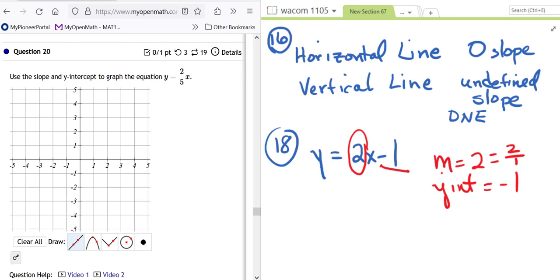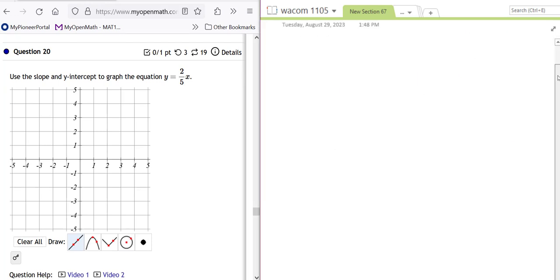This one is just asking us to draw the graph. You can do it with the slope and the y-intercept. Just a little hint on it. Y equals 2/5 x. And it says use slope and y-intercept. It's the proper form. Y is isolated.